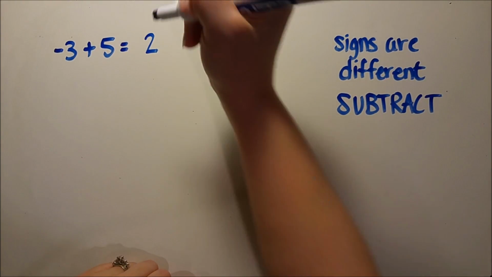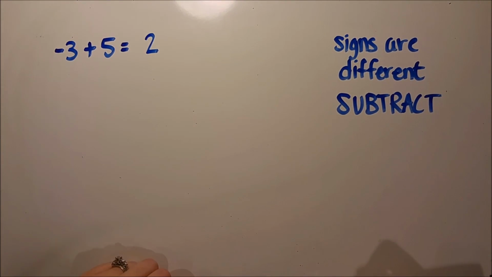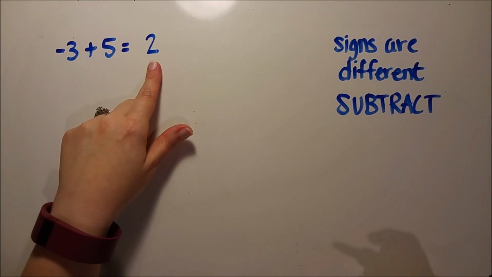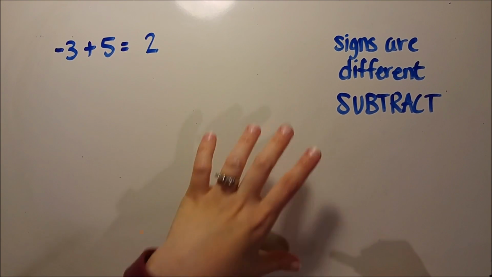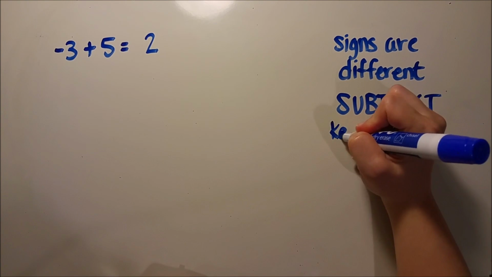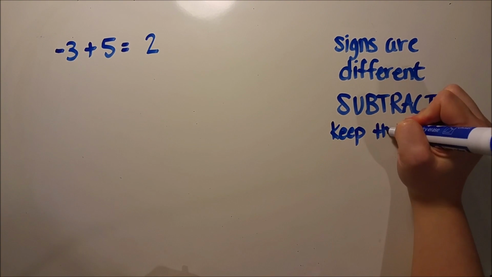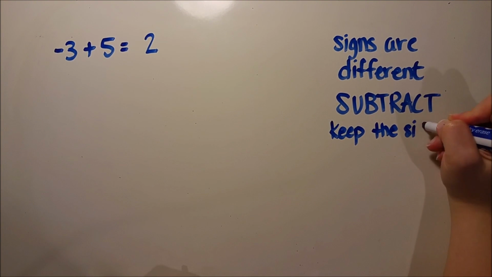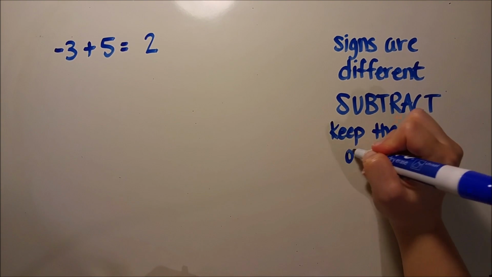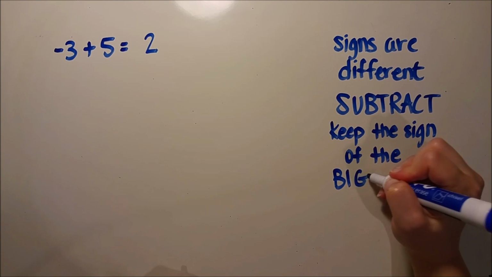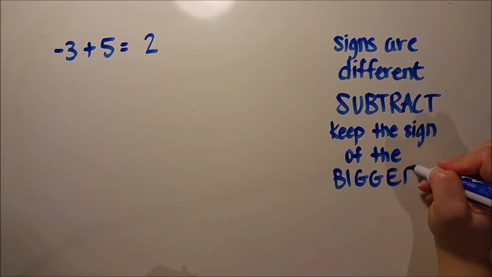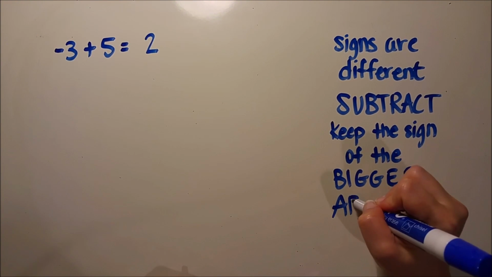That's 2. Okay, but now how do we know if this is going to be a positive 2 or a negative 2? So the rest of our rule is keep the sign of the bigger absolute value.